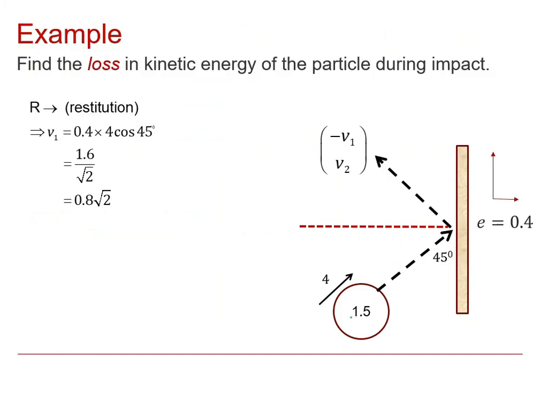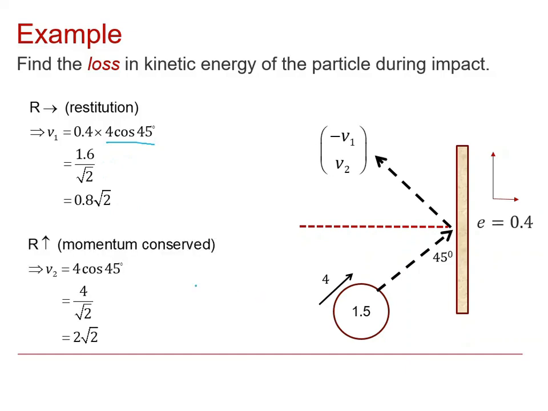So first we need to calculate the component 4 cos 45, which is the component of the 4 perpendicular to the wall, and then we multiply it by 0.4 to get the new component perpendicular to the wall, and it will be in the opposite direction as is shown by the minus sign. Cos 45 is 1 over root 2, so that works out quite simply as 0.8 times root 2.